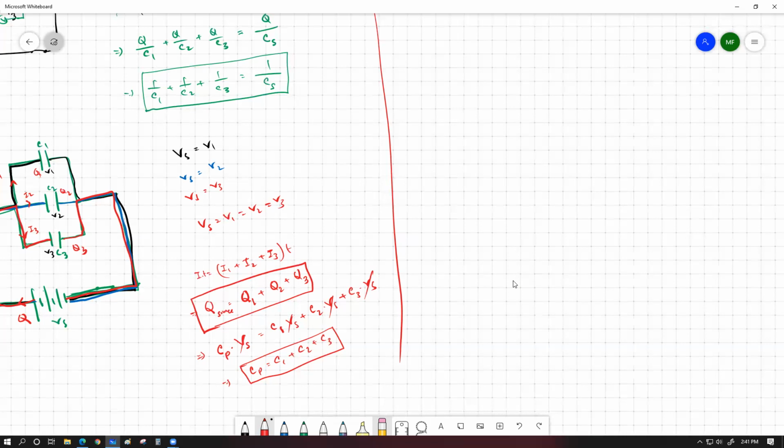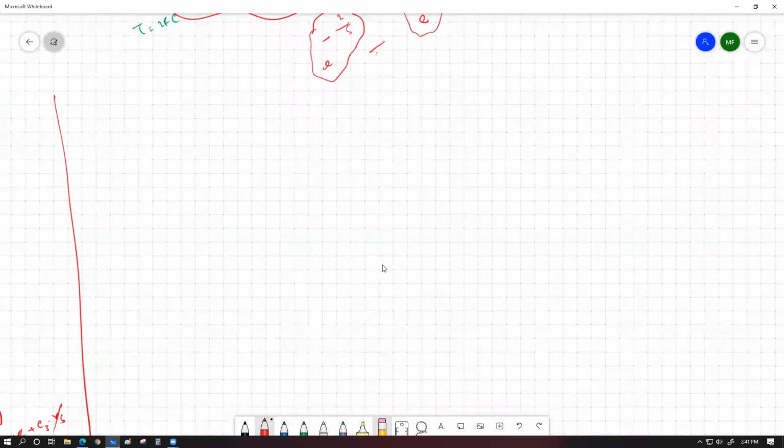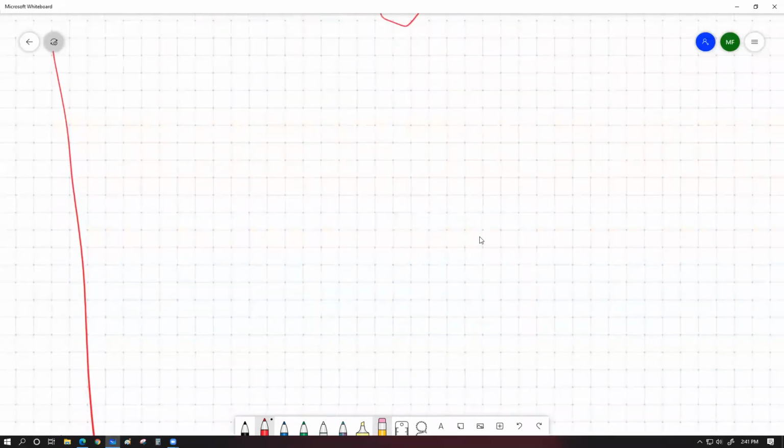So I am going to try to show you some examples of that as well. So let's have a look. If we have a combination of identical capacitors, so let's say we consider capacitance C. We are going to build up combinations using identical capacitors, of which we have access to many.